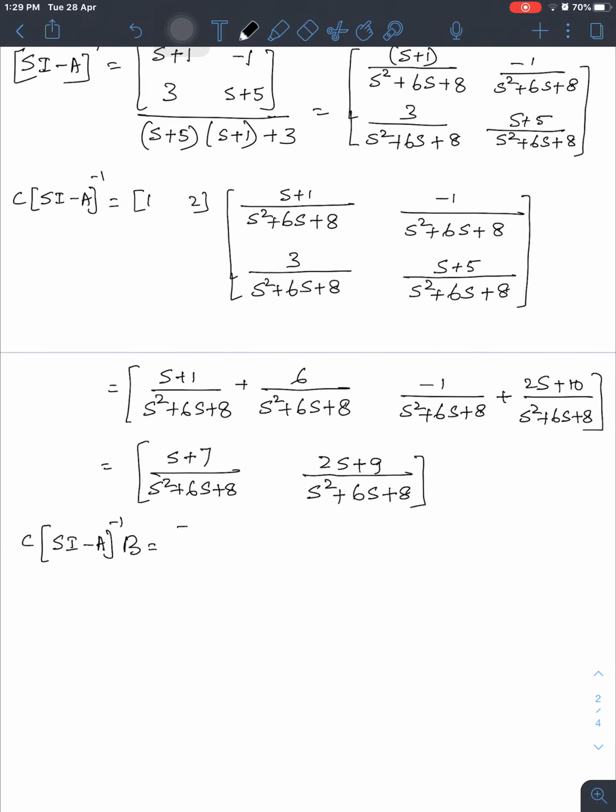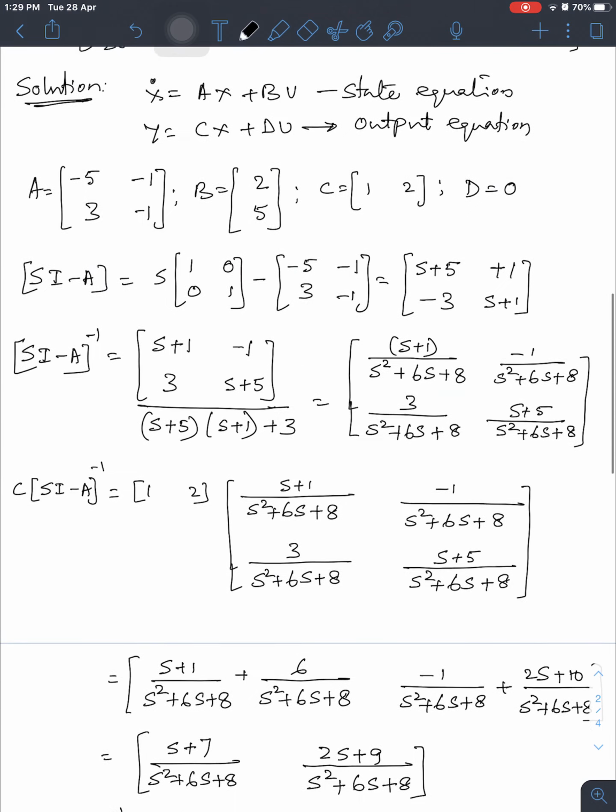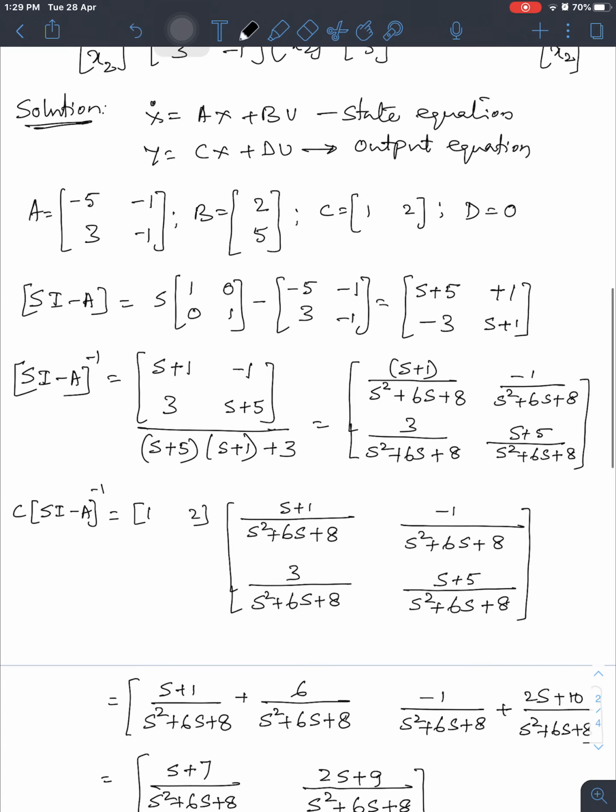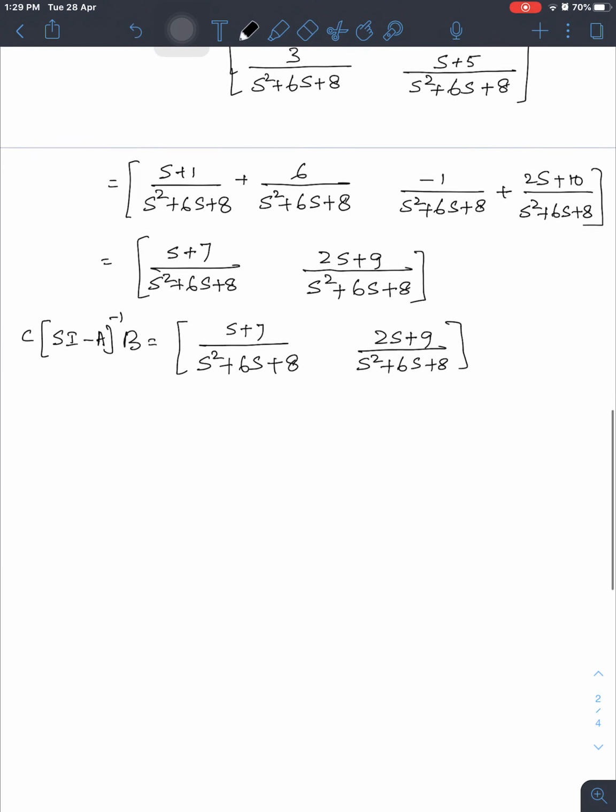That's equal to (s plus 7) divided by (s square plus 6s plus 8), (2s plus 9) divided by (s square plus 6s plus 8), and the matrix B is 2 and 5.